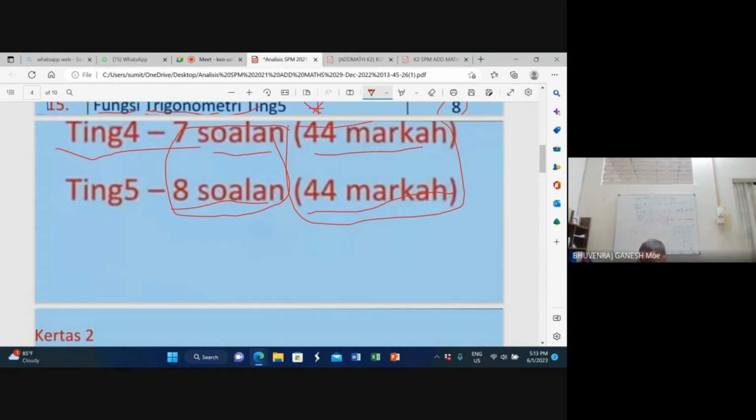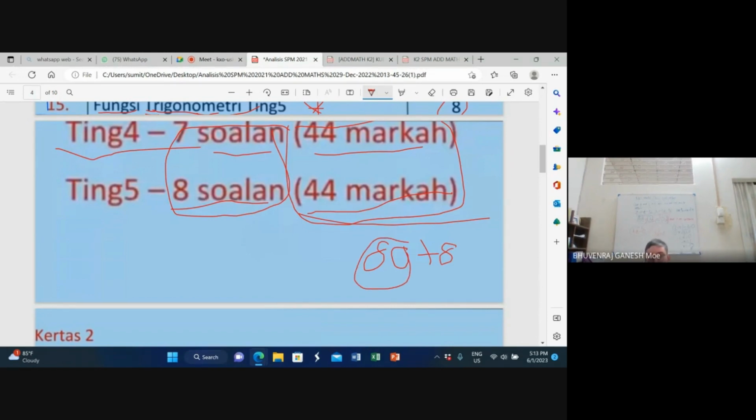This is based on the analysis, the actual data. Usually paper 1 is 80, not 88, because 44 plus 44 is 88. But that is because for the third question you choose 2 out of 3, so another question is plus 8, that's why you get 88. The total you get is 80 only.